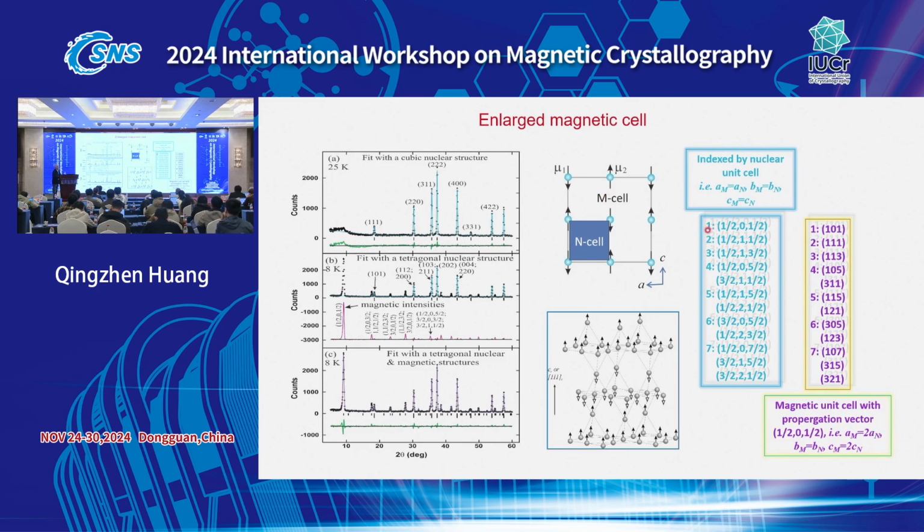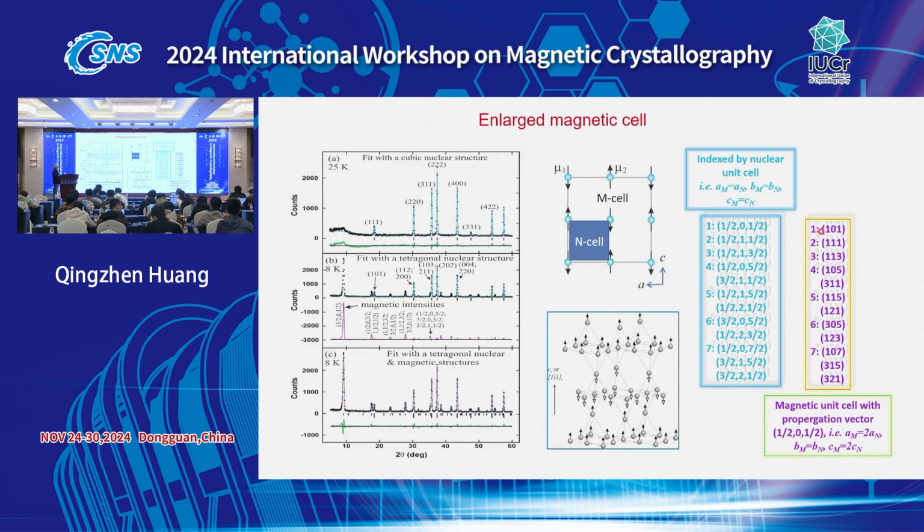GSAS 1, the old GSAS, now the new GSAS, I don't know. The old GSAS has not been developed in over 30 years. They cannot use this kind of index to figure out the magnetic structure. I think it is a traditional crystallographer consideration.